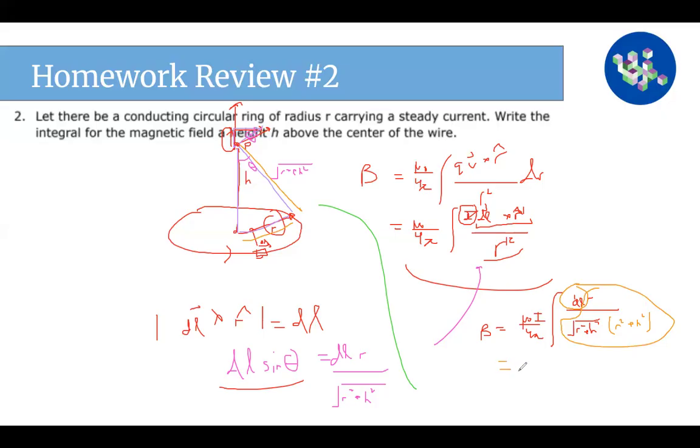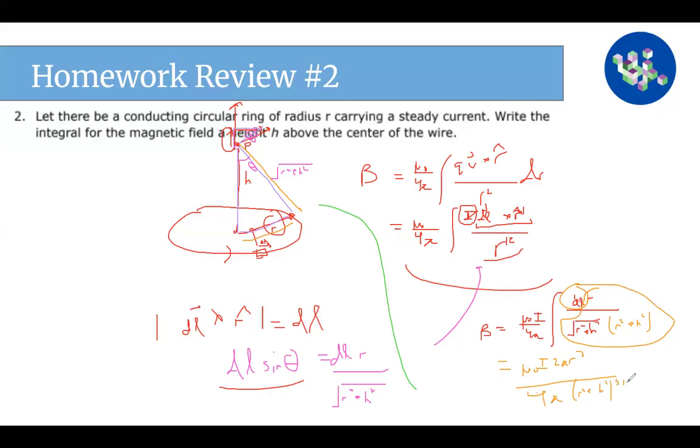So if I want to actually do the integral, it will just be mu 0 I times 2 pi r, and then times another r, right? So 2 pi r squared divided by 4 pi times r squared plus h squared to the 3/2 power.